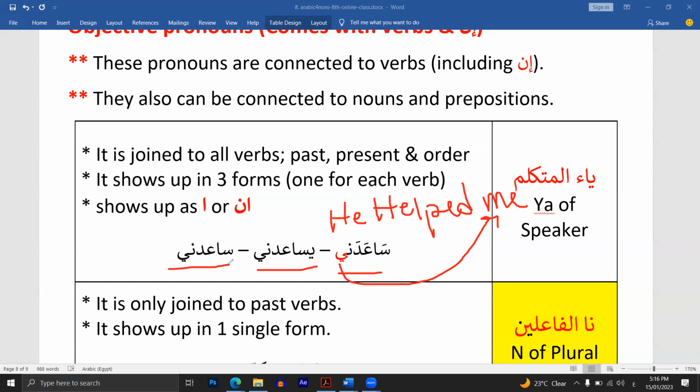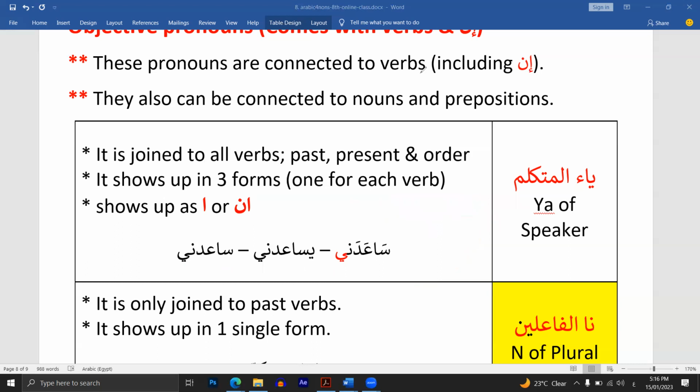But if the student is asking the teacher to repeat again, he will use the command verb, but this time it will be a polite request. ساعدني.